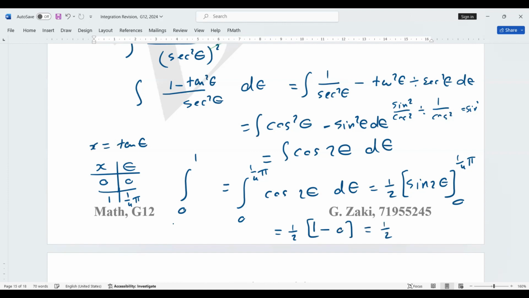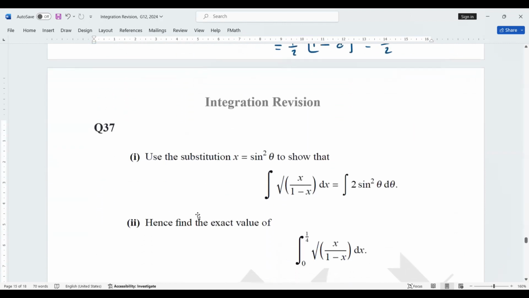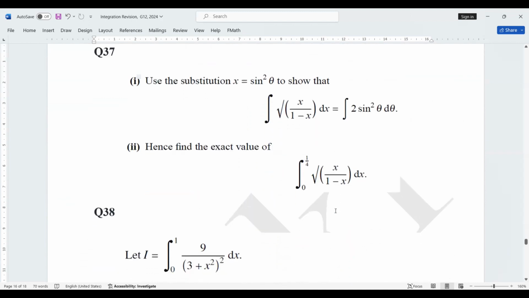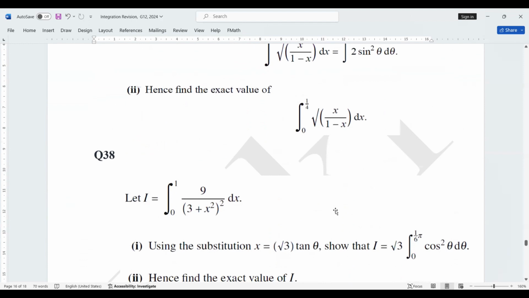Half times 1 is half. This is the answer. Okay, Shabab, I hope you understand this. The same idea applies for the substitution x equals sine squared. So this will be homework for you.